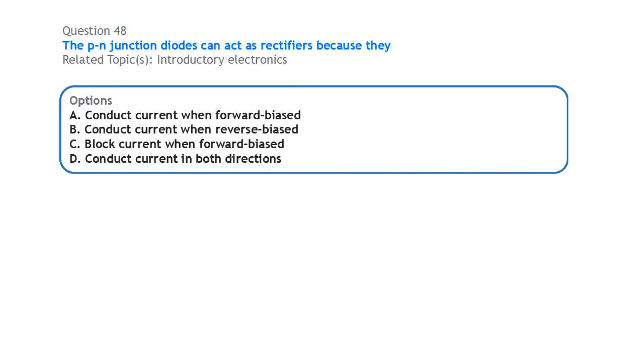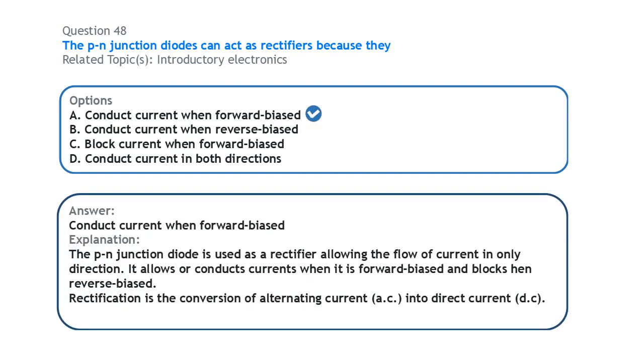The p-n junction diodes can be used as rectifiers because they conduct current when they are forward biased. They are used as rectifiers, allowing the flow of current in one direction. The p-n junction allows for the conduction of current when it is forward biased, and when it is reverse biased, it resists the flow of current.